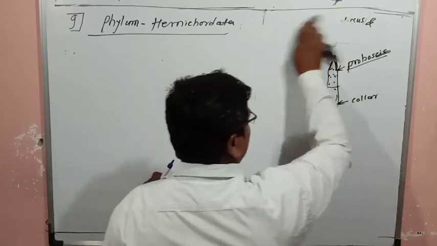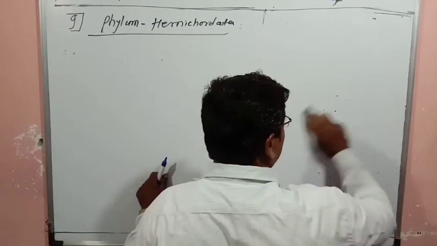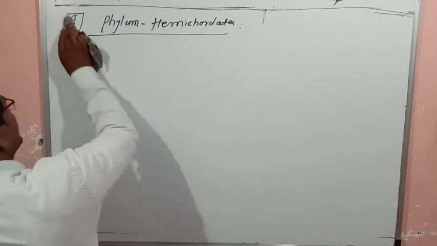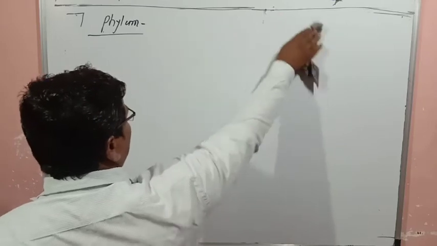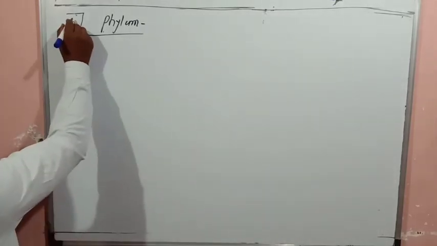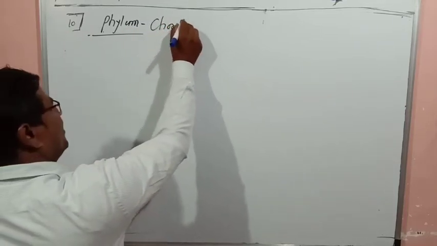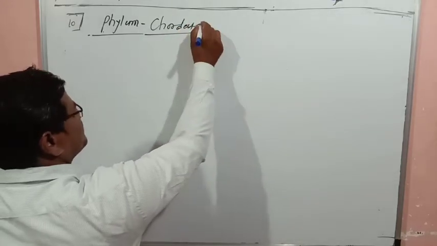First is Urochordata, second is Cephalochordata, and third is Vertebrata. So in the 10th phylum we are studying now, Chordata or chordates.